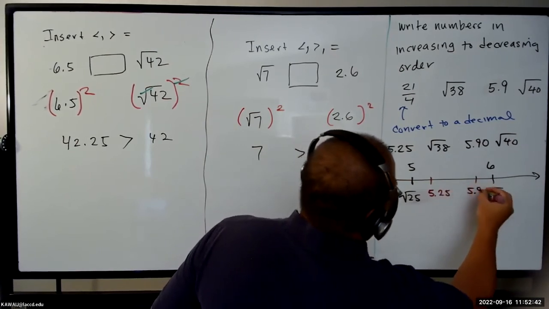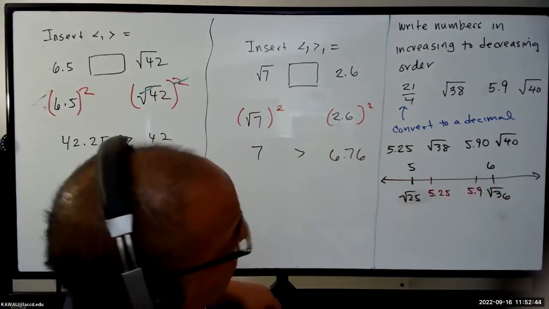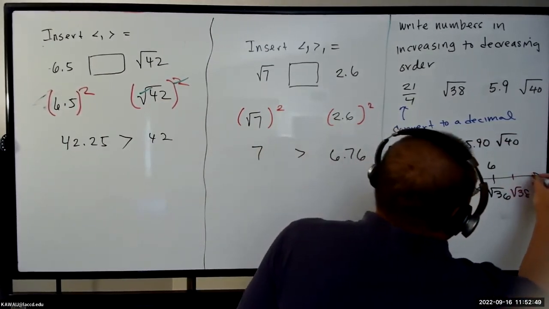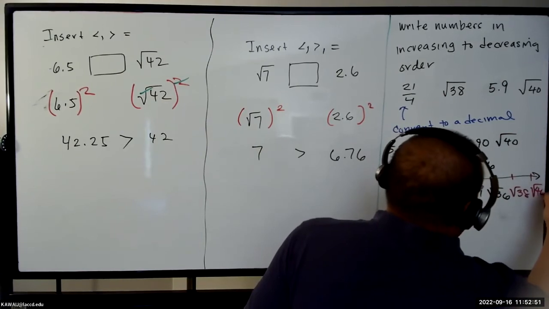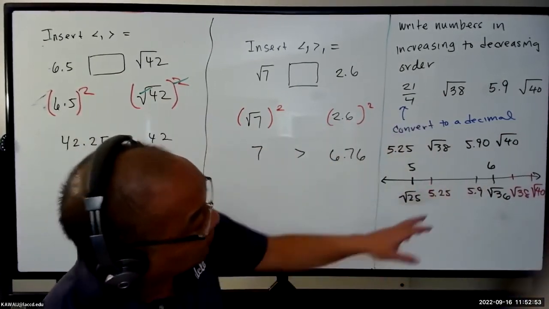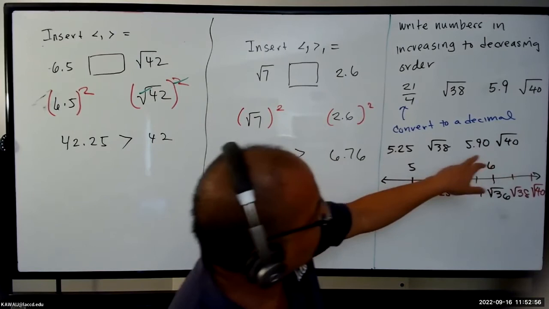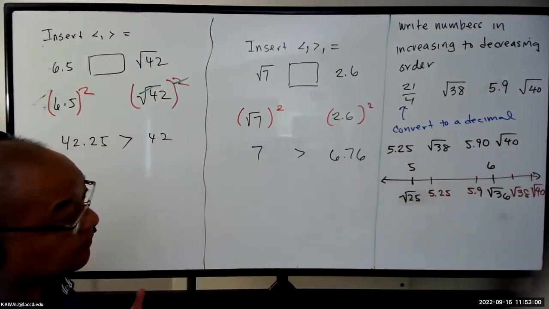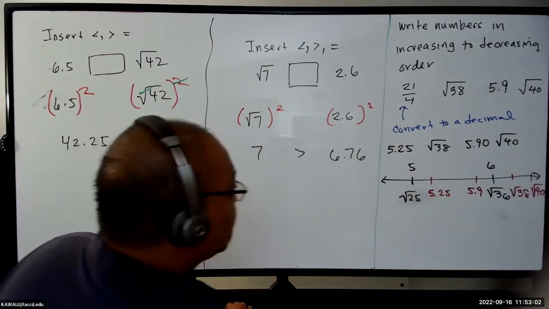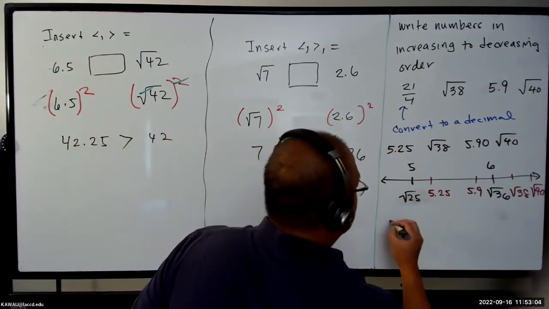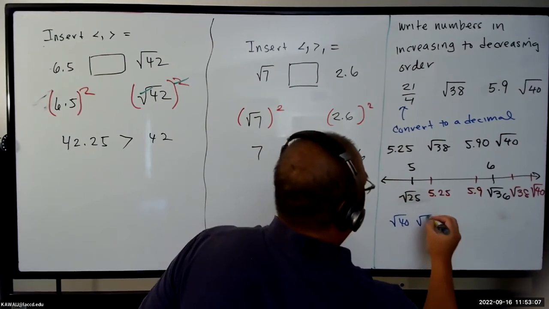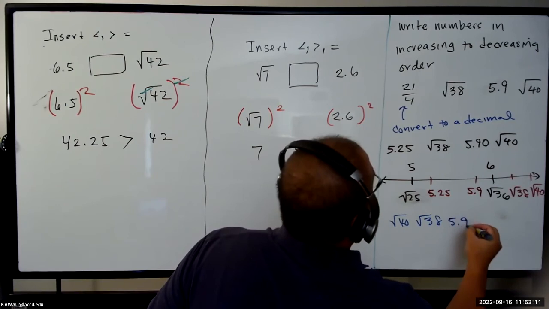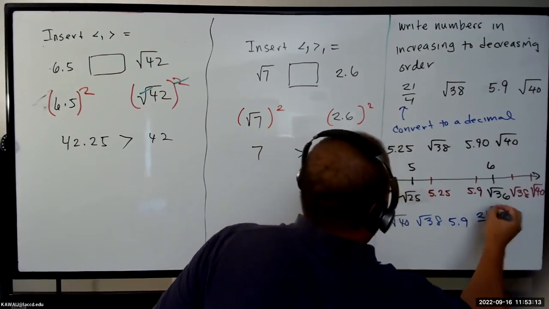My 5.9 is there. And then my square root of 38 is here, and my square root of 40 is there. It makes sense that this number is bigger than this. So when I square root both, that 40 will be bigger. So then this turns into, we go big to small: square root of 40, square root of 38, 5.9, 21 over 4 like that.